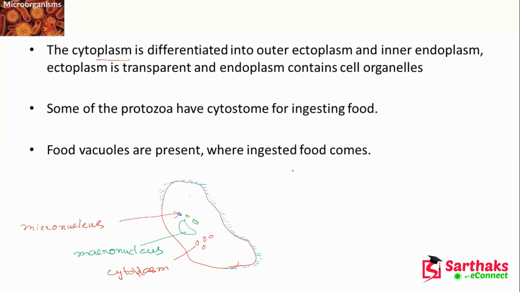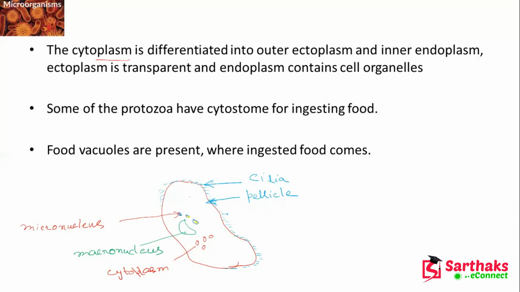So you understood what is micronucleus and macronucleus also. And these are cilia. And this one is actually the cell wall, this is actually the pellicle.